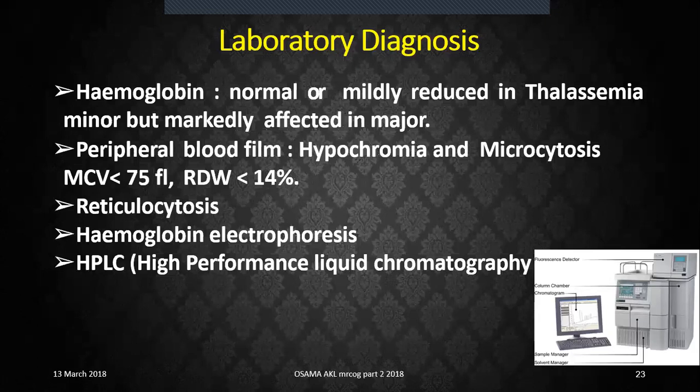So we will have a large number of reticulocytes inside the blood. If you do hemoglobin electrophoresis, you will identify is it alpha-thalassemia or beta-thalassemia, and you can do what's called high performance liquid chromatography. It's this equipment which identifies the nature of hemoglobin. It's an advanced technique.